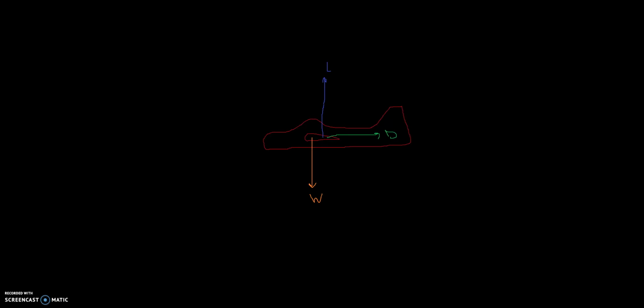In other words, thrust is generated through the aircraft's engines. Drag is just the force that opposes the forward movement of the airplane. So we got our thrust over here, just like so. Thrust, again, is movement forward. Drag is the reaction against movement forward.